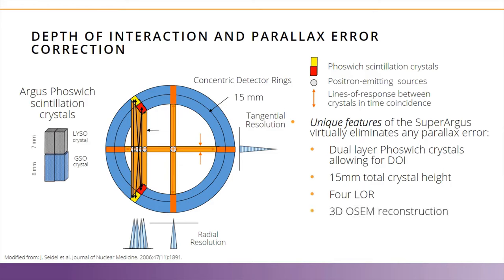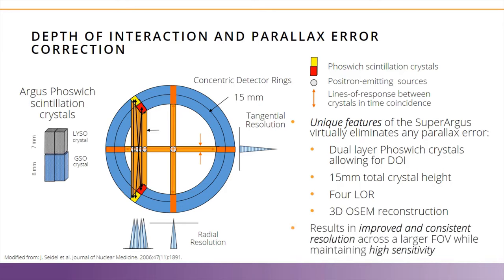And finally, Sedecal's 3D OSEM reconstruction algorithms all add to their image quality. All of these features combined result in the improved and consistent resolution across the entire field of view, which fills most of the bore diameter of these systems. Additionally, the system maintains a very high sensitivity to a wide array of PET tracers.